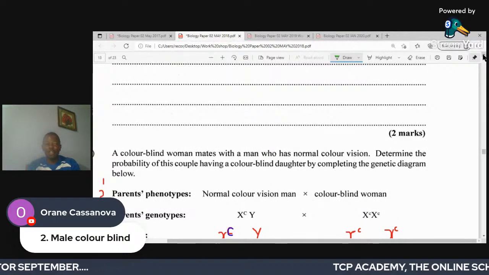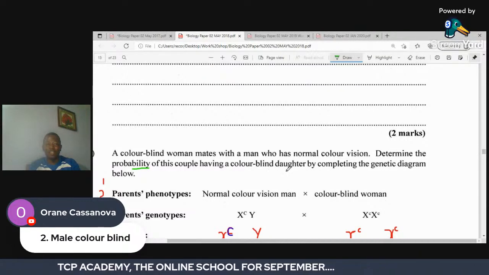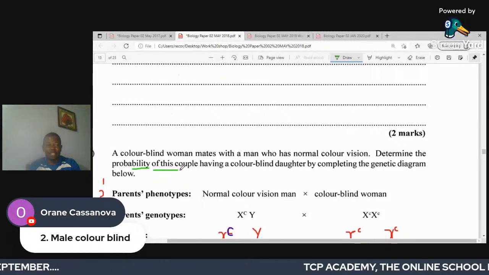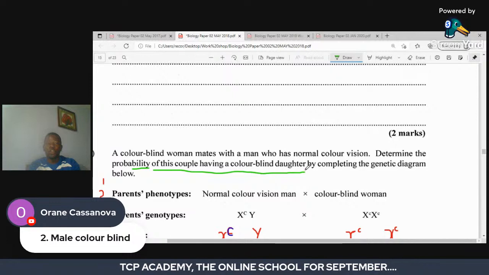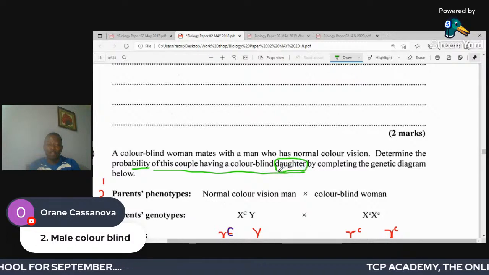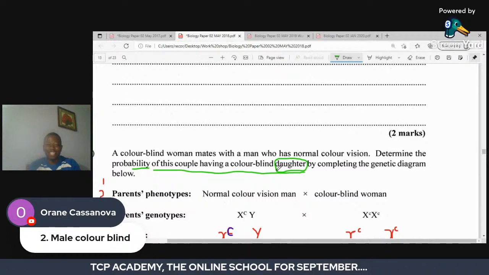It is saying that we are supposed to determine the probability of a couple having a colorblind daughter. Do you realize here the importance of identifying the sex? Daughter. Look at that, because we are doing inheritance of sex or X-link.